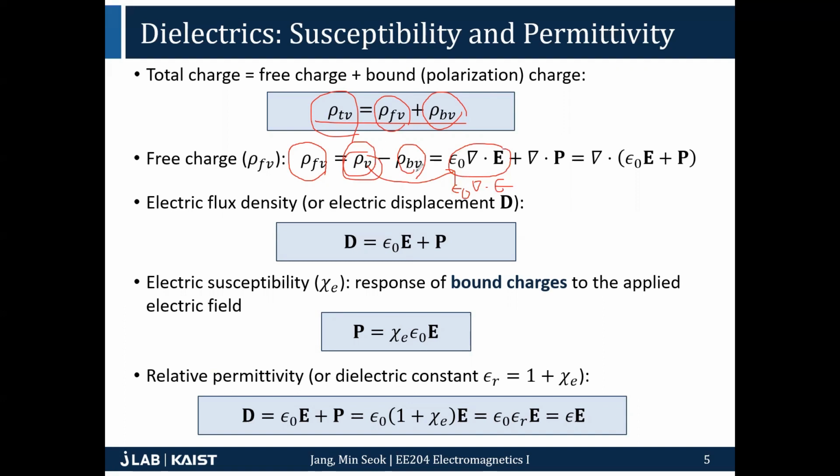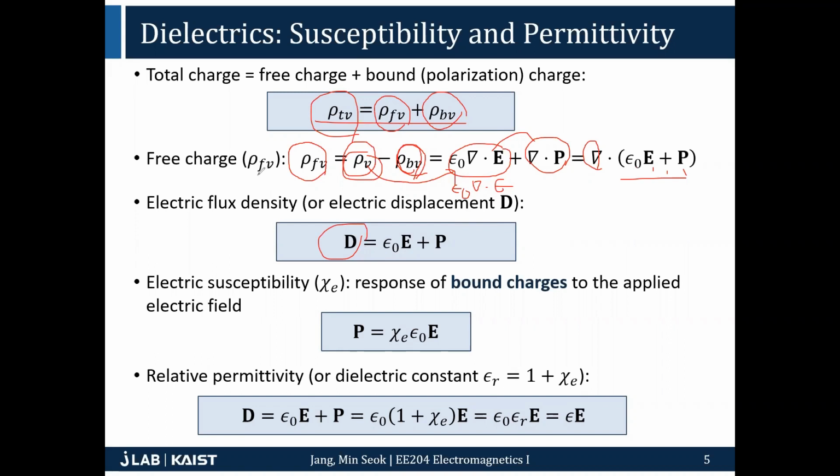And we previously defined that the bound charge density is minus divergence of P, the polarization field. So if you add them up, you have a divergence of epsilon 0 E plus P, right? And we call this the D field.